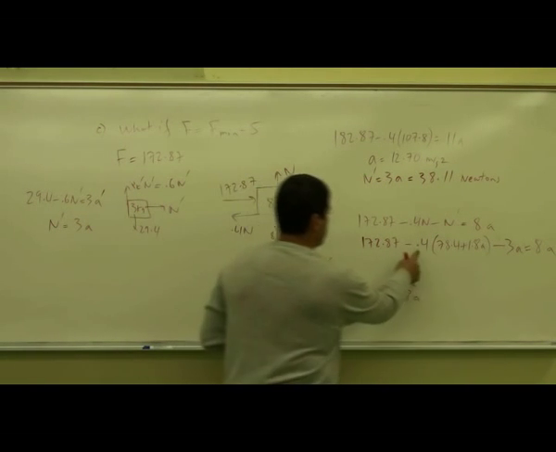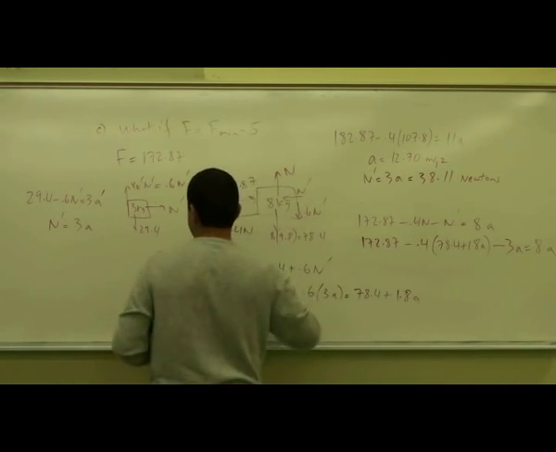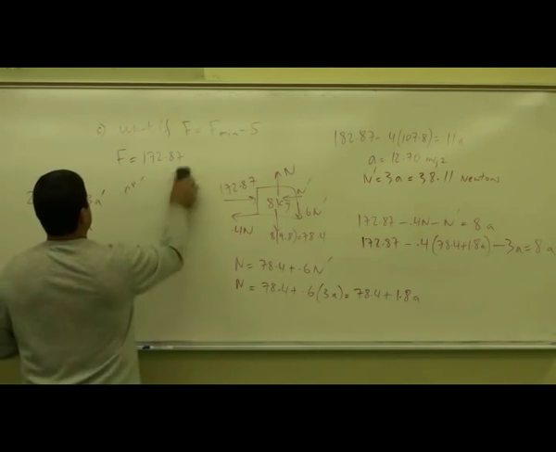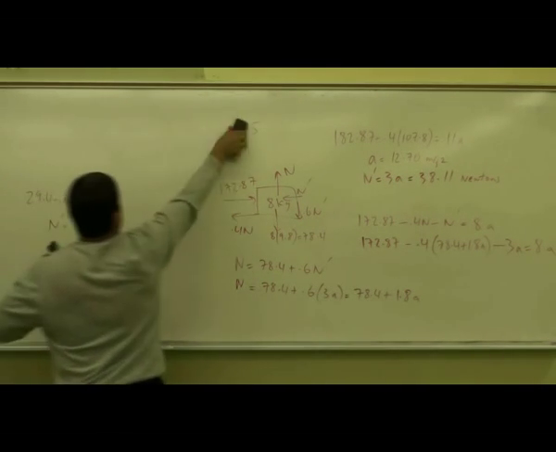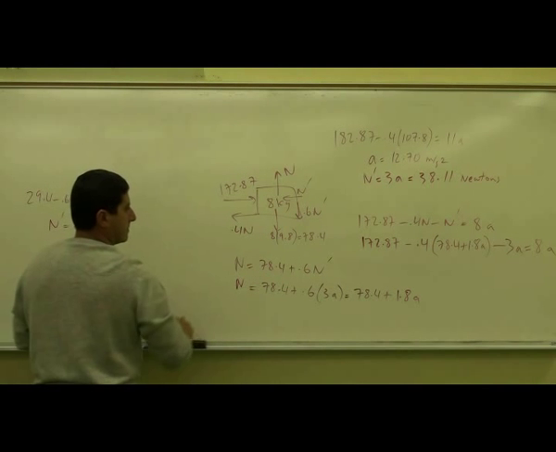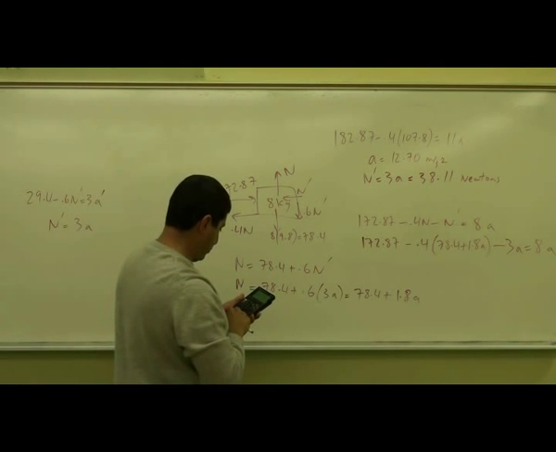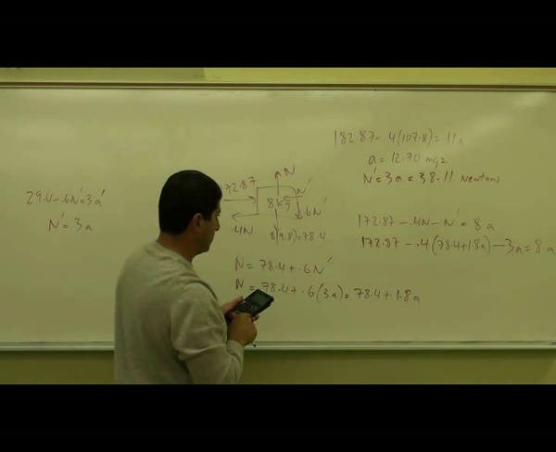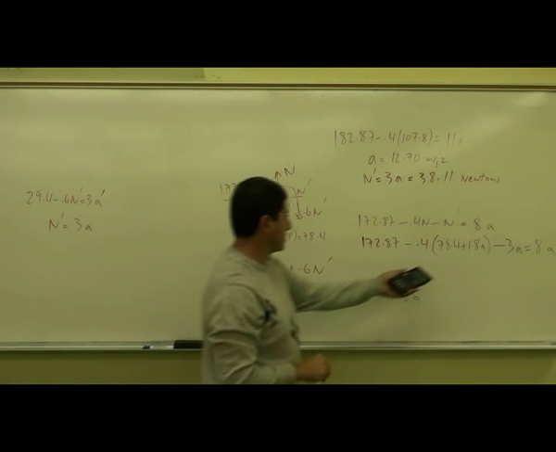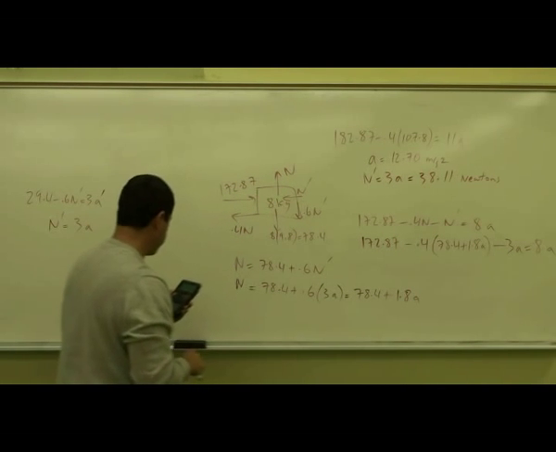So now distribute the 0.4 in. It's a pretty good problem here. So what ends up happening here? 0.4 times 78.4 is 31.36, this one.